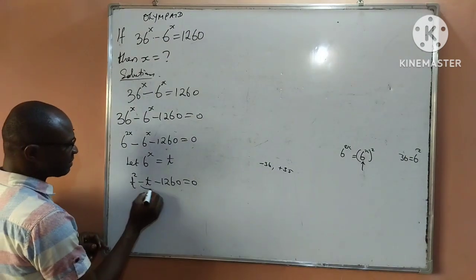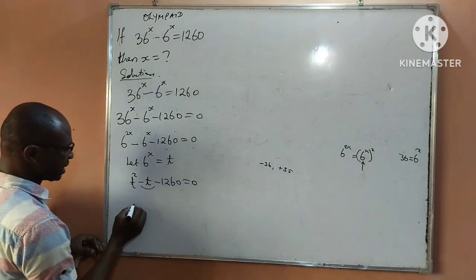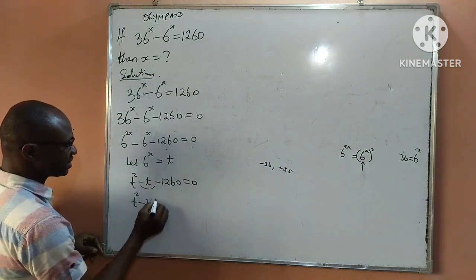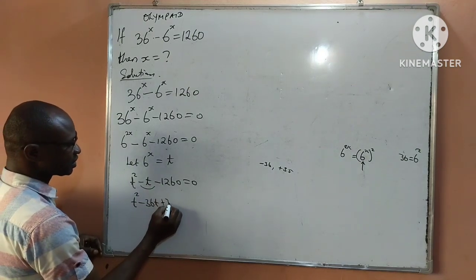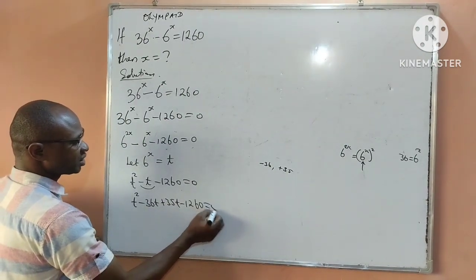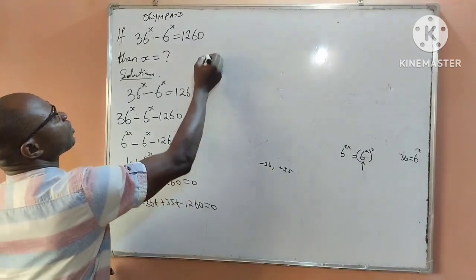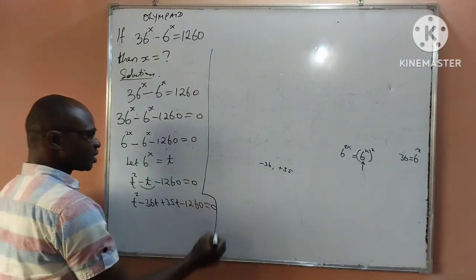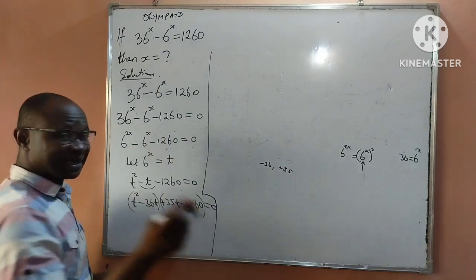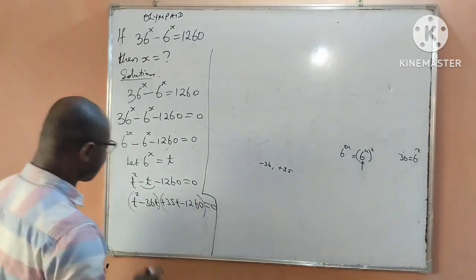I will use it to replace the middle term so that I can get t raised to power 2 minus 36t plus 35t minus 1260 is equal to 0. Moving forward, what I will do next is to put them into the brackets and then factorize what is common in the brackets.